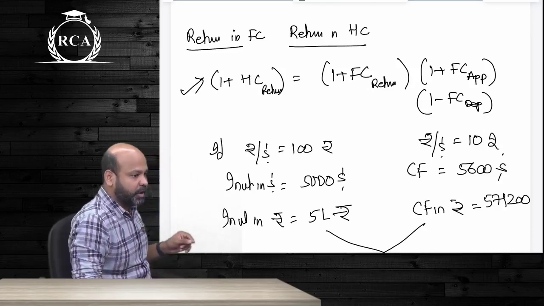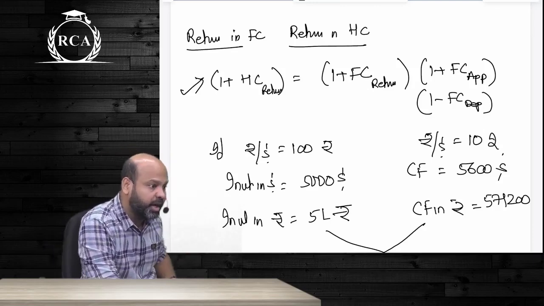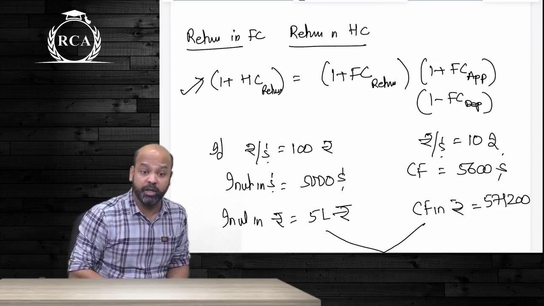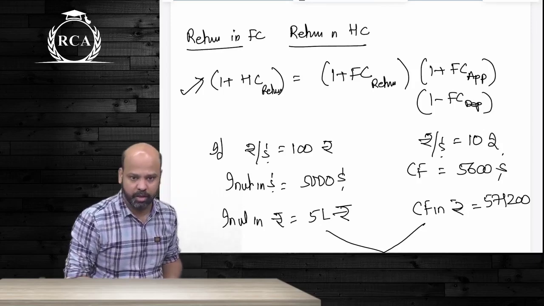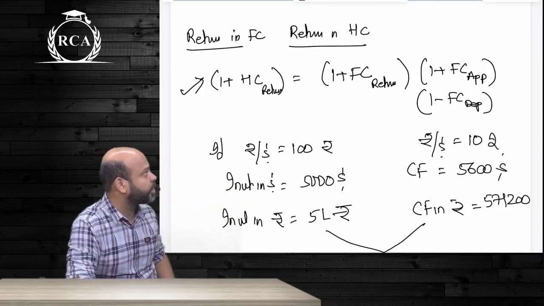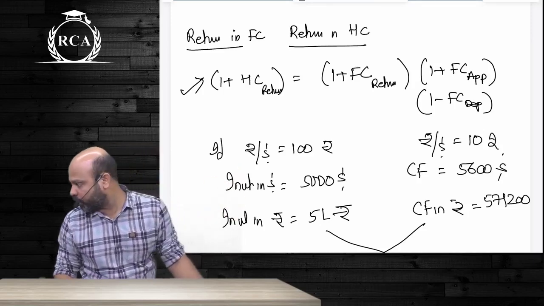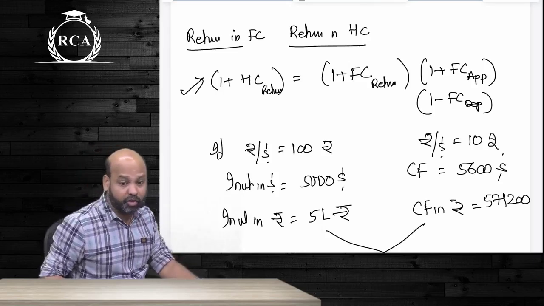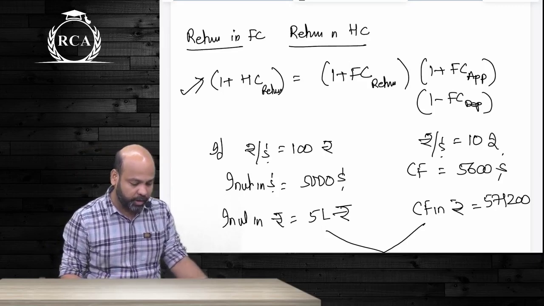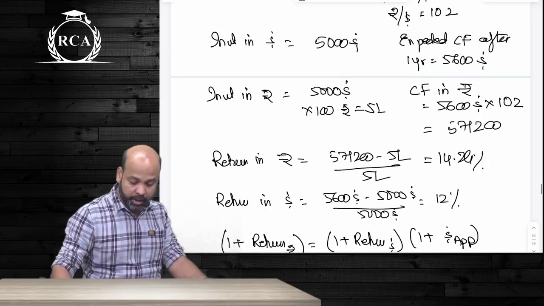Classic example that I told you: a US investor investing in the Indian markets, though the Indian markets might do well, he might still not make a gain if the dollar is appreciating and the rupee is depreciating. Remember? So the formula that you see on your screen: 1 plus home currency return is equal to 1 plus foreign currency return into 1 plus or minus foreign currency appreciation or depreciation. It will depend on whether the foreign currency is increasing or decreasing.